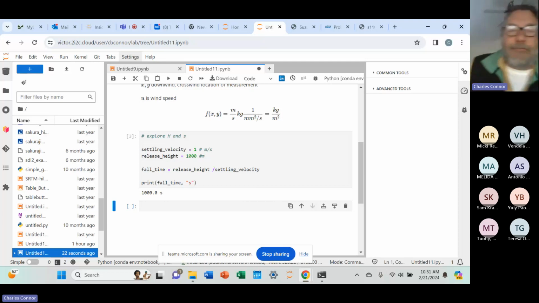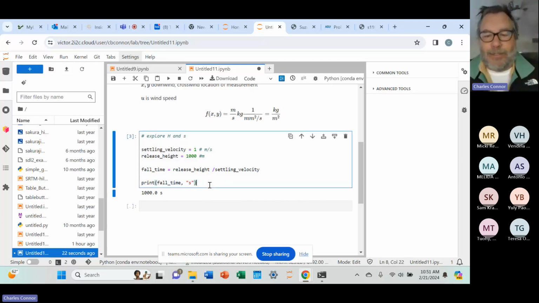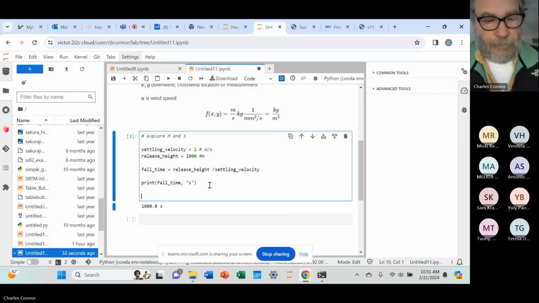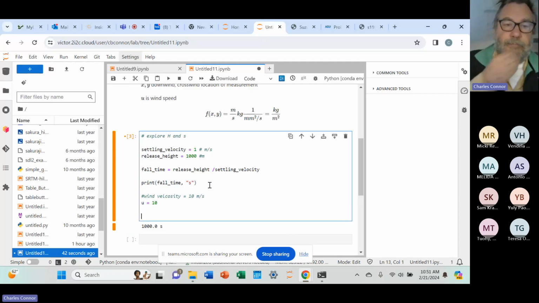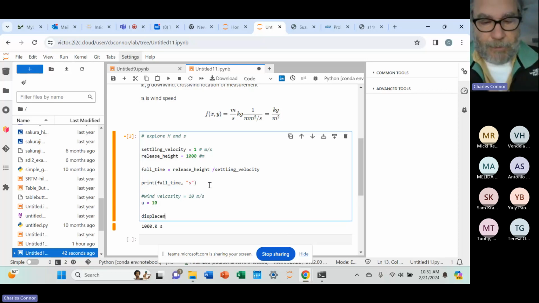So suppose my wind velocity then is, let's just say 10 meters per second. U equals 10. Then that term, let's call it the displacement of the particle, is going to be equal to u times the fall time.